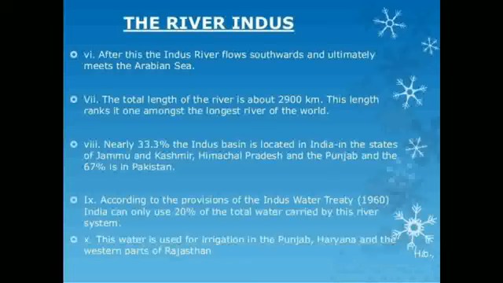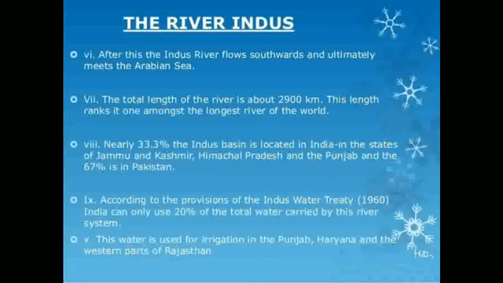As far as its basin is concerned, the maximum basin of this river is in Pakistan. It is around 67%. Only 33.3% of the basin is in India, and the regions in India which share this river basin include Jammu and Kashmir, but now basically it is Ladakh, as well as Himachal Pradesh and Punjab.